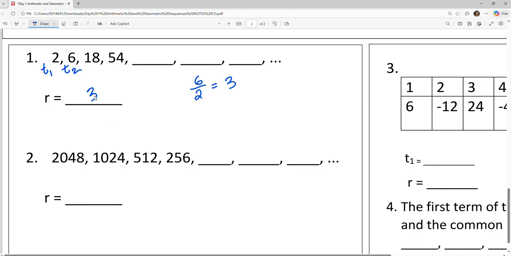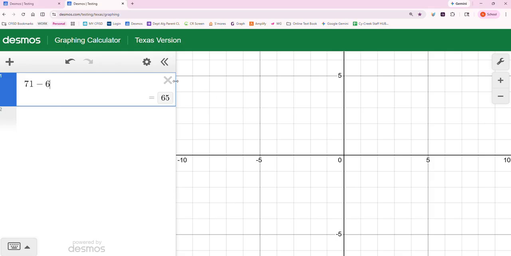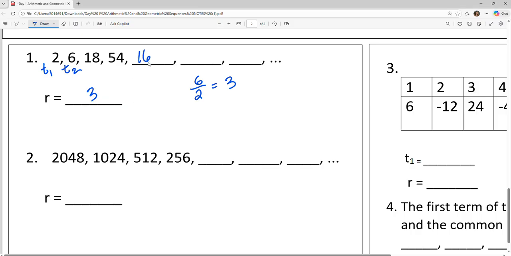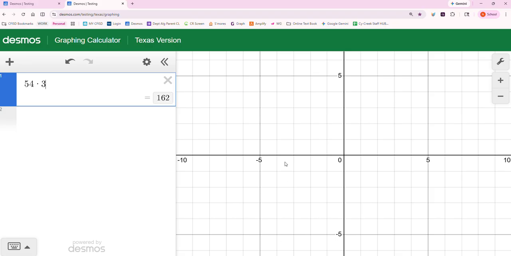So I'm taking 6 times 3, that gives us 18. I'm going to do 18 times 3, that's going to give us 54. Now I'm going to do 54 times 3. That's going to give me 162. 162 times 3 is going to give me 486.